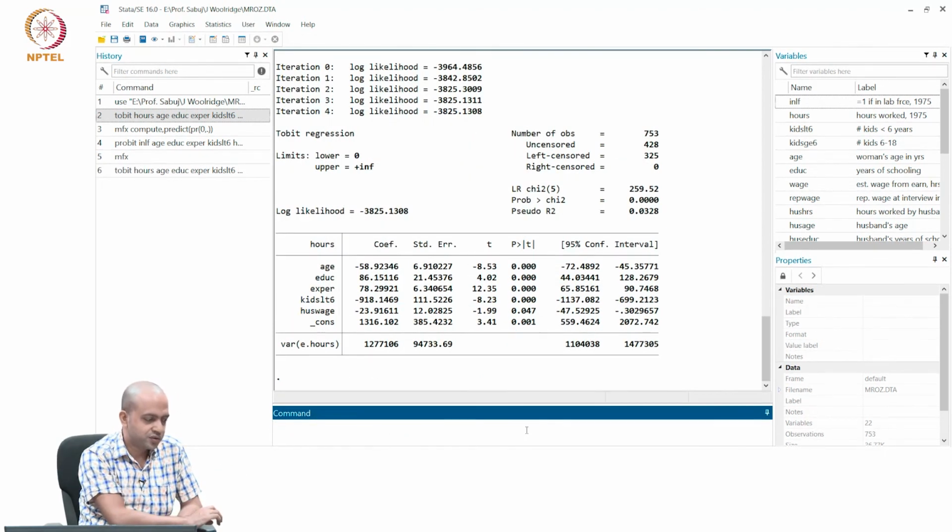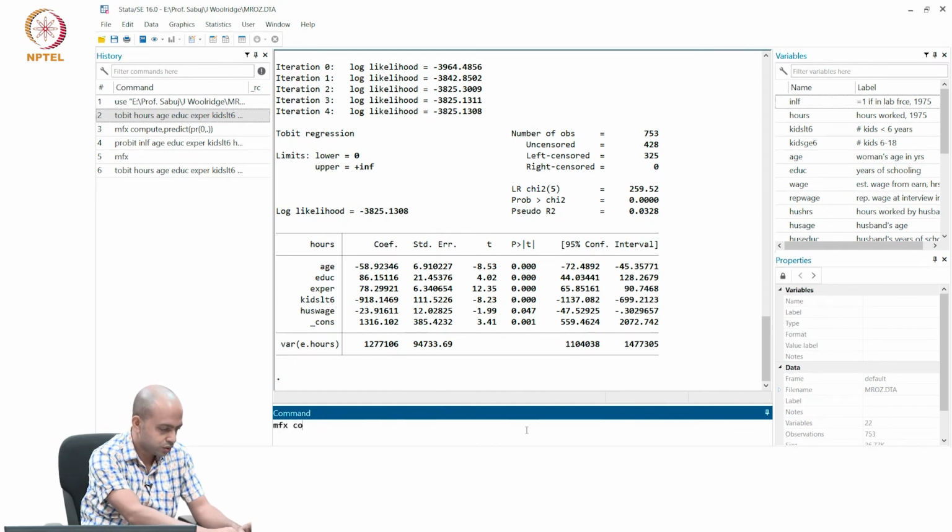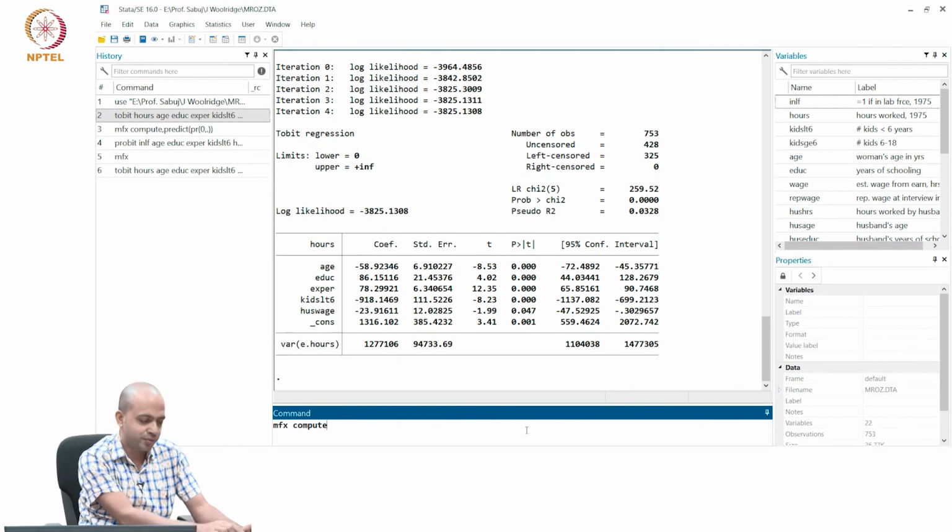So, this is the output once again, and you have to say mfx compute. Now, I am not interested in estimating the change in probability, but rather the change in labor supply.